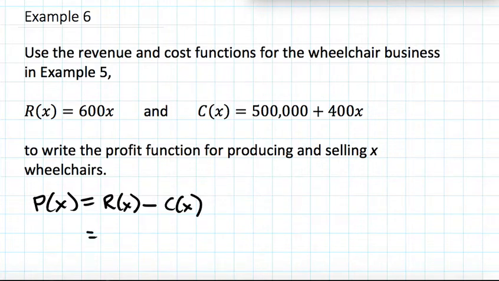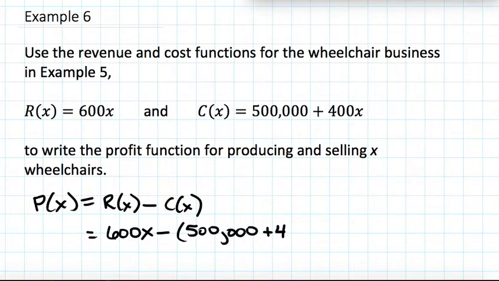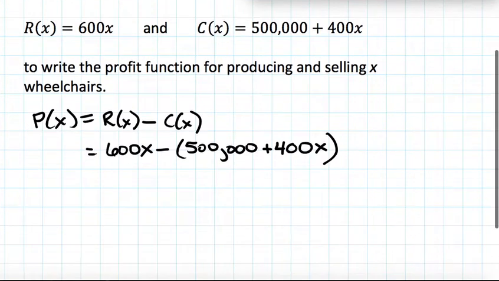My revenue is 600X. My cost function is 500,000 plus 400X. Notice I'm putting the cost in parentheses because that's subtracted, I need to make sure that I'm subtracting both parts of that.